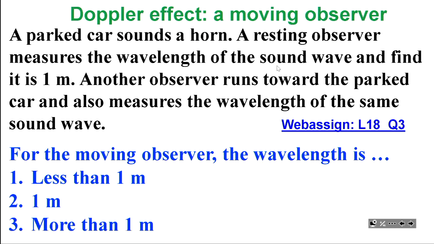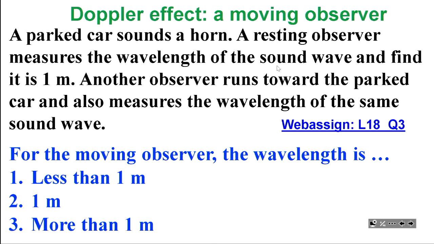Well, this is the second question. It's related to an observer. And in this situation, actually two observers. One is at rest relative to the car. The car and the first observer are on the ground, resting. That's what we call a stationary situation.